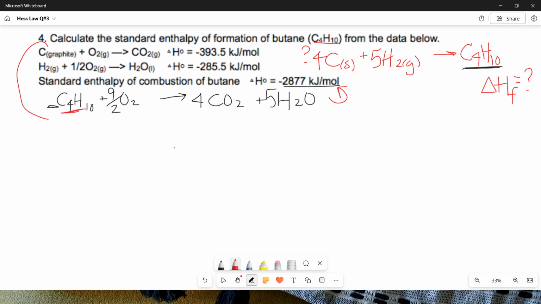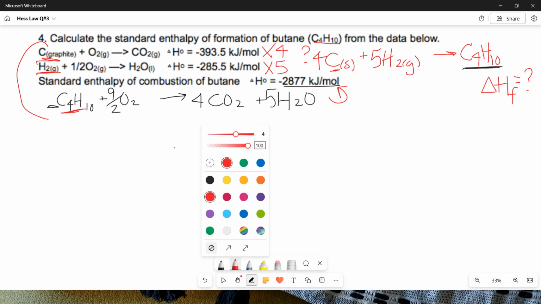Well, I need to have the carbon on the reactant side. It is on the reactant side in both the desired reaction and what we have to work with, but I need 4 of them. So I'm going to have to multiply this equation by 4. And finally, I need my hydrogen, 5 of them, on the reactant side. It is found on the reactant side, but I'm going to need 5 of those.